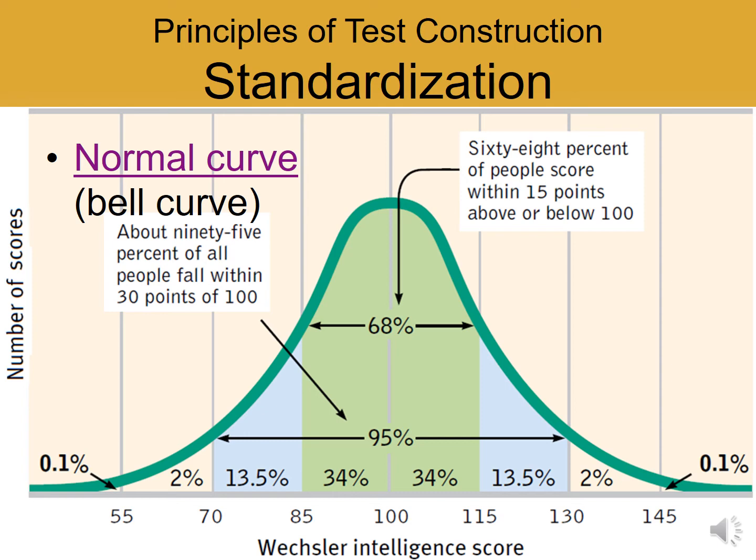We already said that 100 is the average IQ score, and you have the most people scoring 100. And then if you take it out a little bit, you have 68% of the population that score within 15 points of that 100. And then as you move out to the extremes, it is less and less.